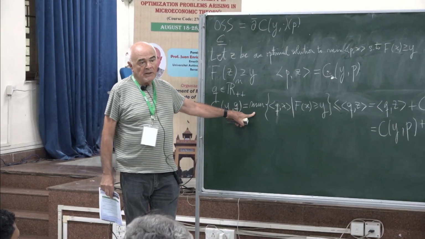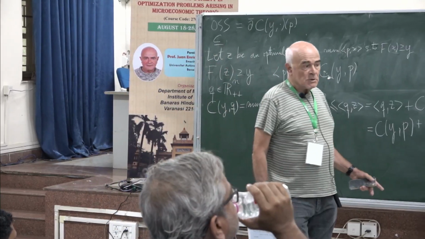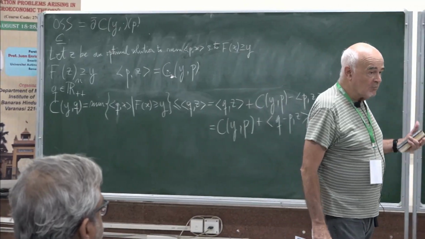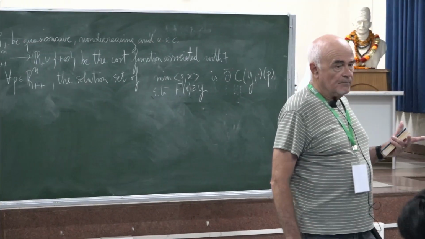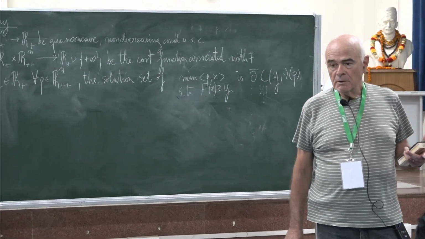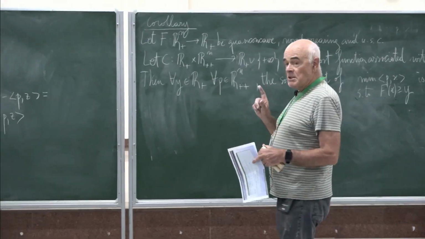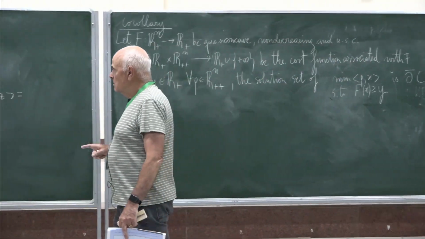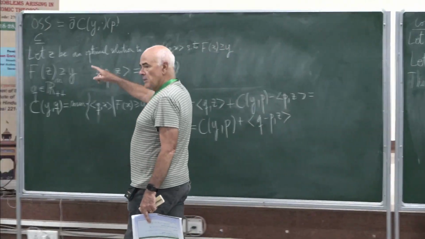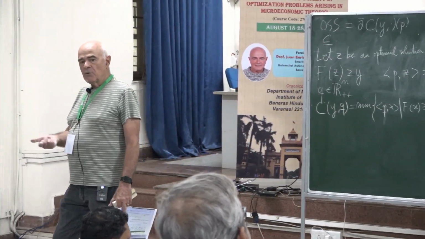But even if we have infimum instead of minimum, all the argument goes through. So this holds for any production function, not necessarily regular, even if it is not upper semi-continuous. This observation is very important: this inclusion holds in general. Regularity I need for the opposite inclusion.